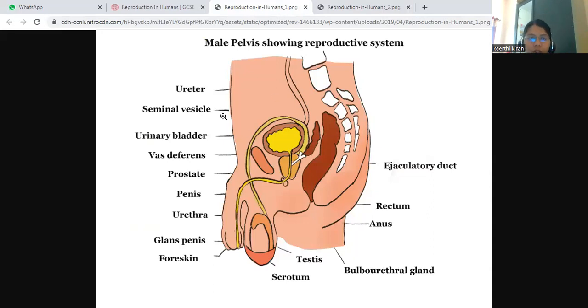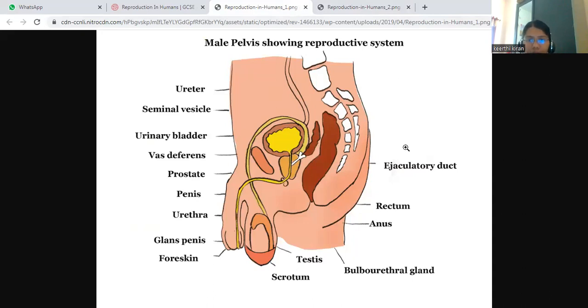See here, what all are there for the males: seminal vesicles, urinary bladder, vas deferens, prostate, penis, urethra, glans penis, foreskin, scrotum, testes, urethral gland, anus, rectum, ejaculatory duct. Now we can discuss each one of them.